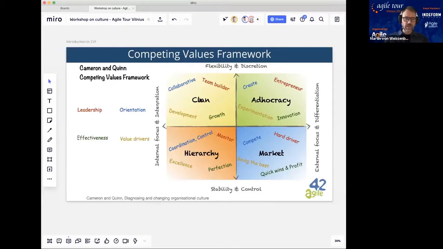Typical examples are consulting companies like, for example, Agile 42, because every customer we have is different. We don't know what they are going to bring, so we need capable people who can take different customers and work with them and get good stuff done. You will find many consulting companies fitting very nicely in the clan culture.